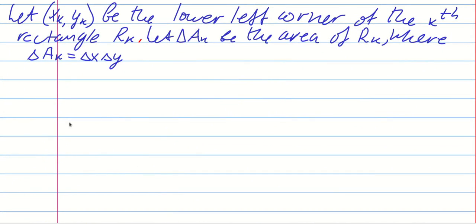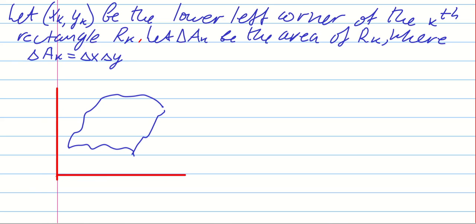If we have a surface, and we have area R sub k over here on the bottom, so this is x, y, and z, a little rectangle, then here on the surface we'll have something like this.